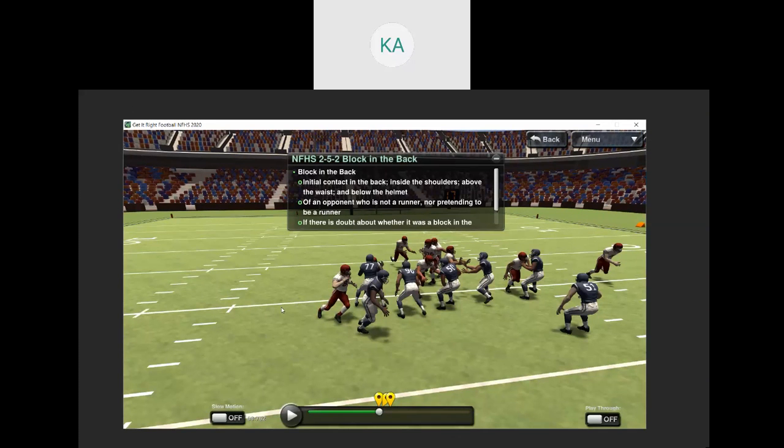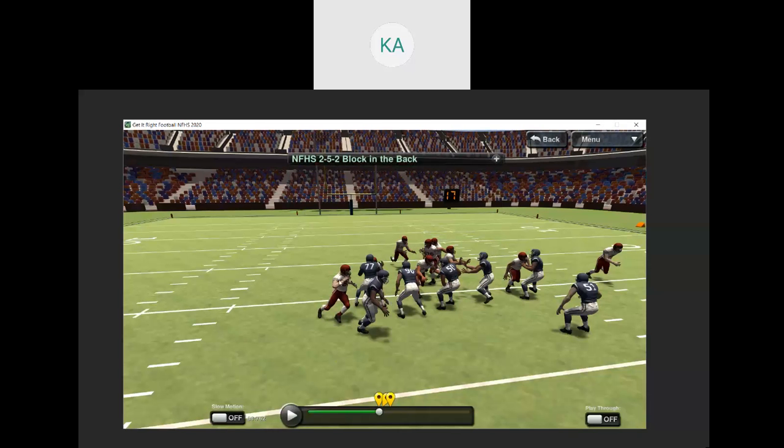So we start with the definition, just like anything else that we need to work on. We need to understand how it's written, what we're looking for. And what I want to key on here is that initial contact that's in the back, inside the shoulders, above the waist, and below the helmet against somebody that's not a runner.